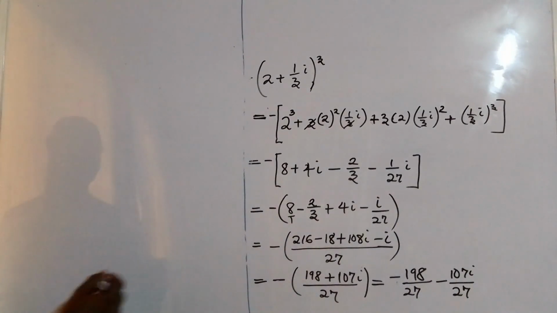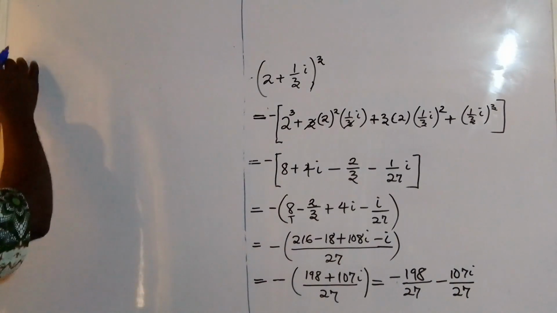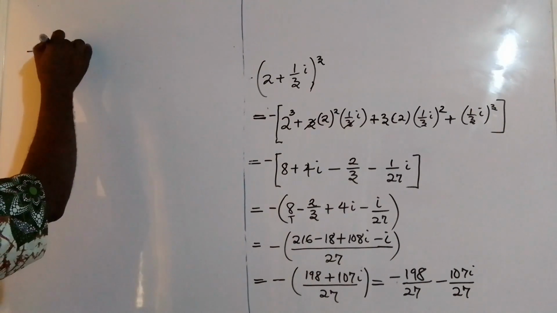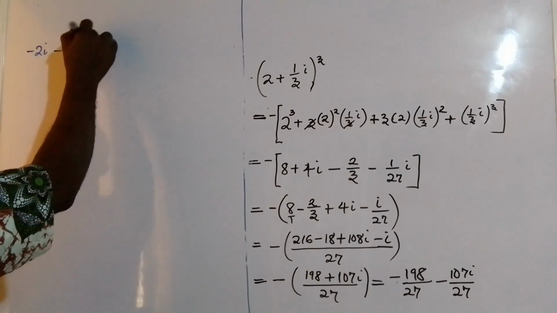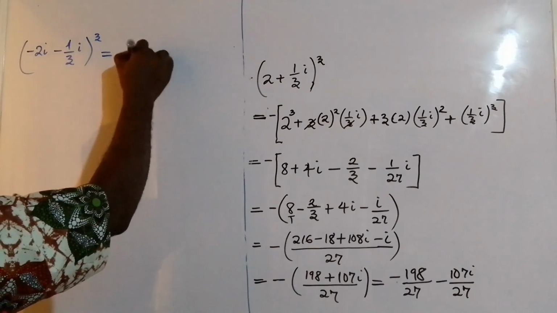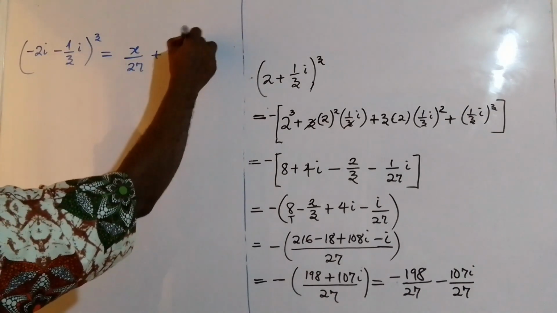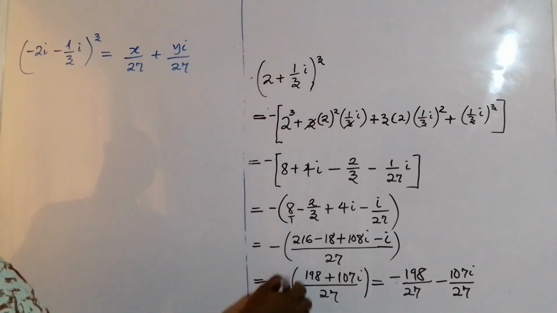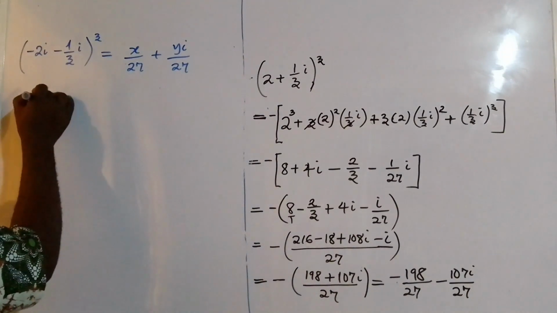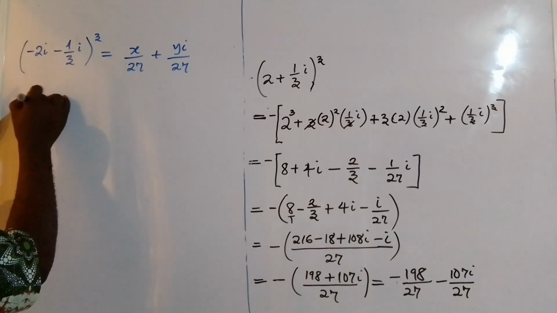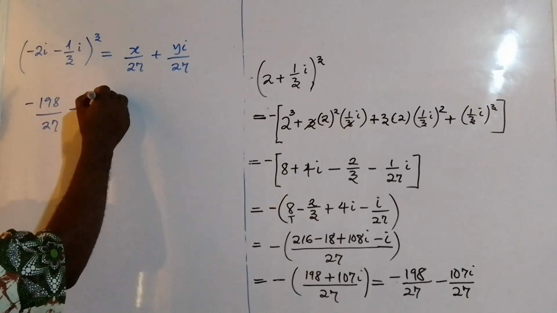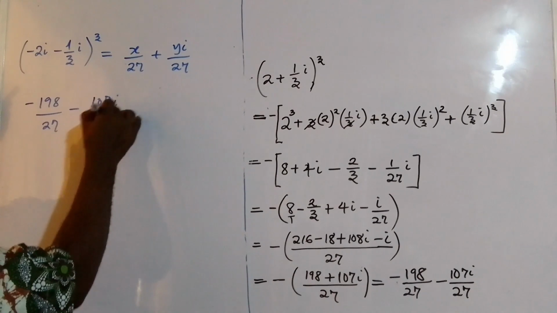So from here we know that minus 2i minus 1/3 i to the power of 3 is equal to x over 27 plus yi over 27. What that means is that the left hand side is equivalent to this, so we have minus 198 over 27 minus 107i over 27.